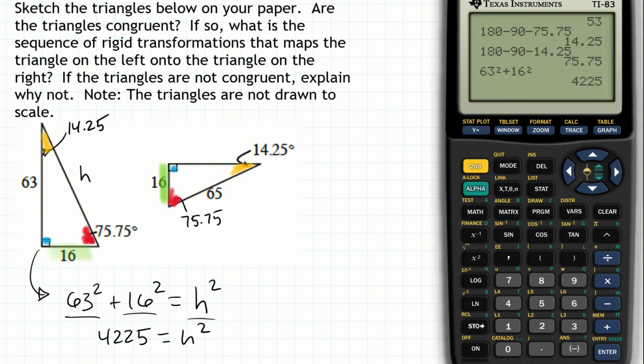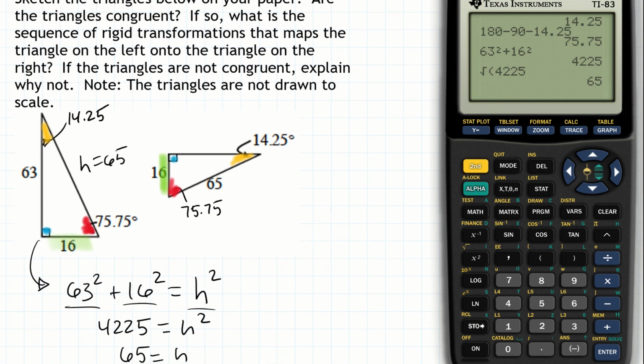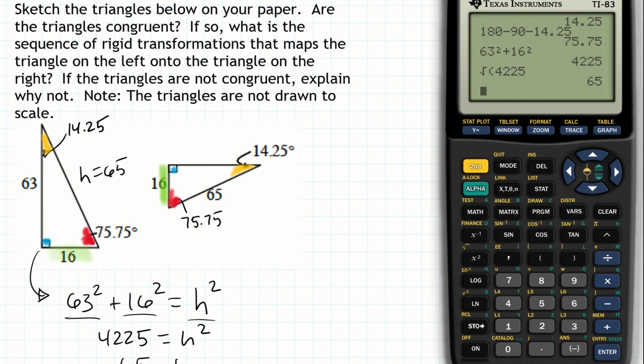And if I take the square root of 4,225, you see what just happened there? I just got that 65 is the length of H, so this is 65. Now that's an amazing thing. Did I run out of colors?